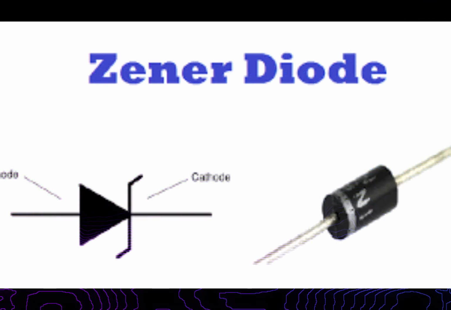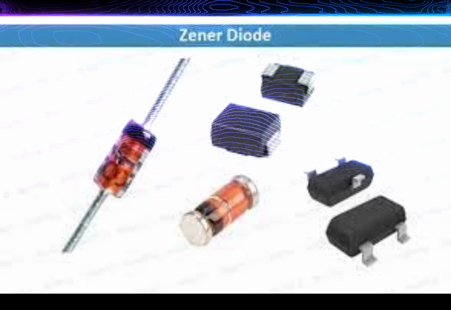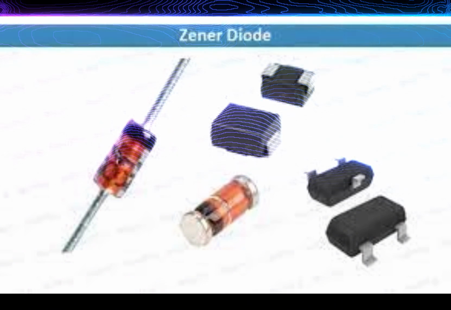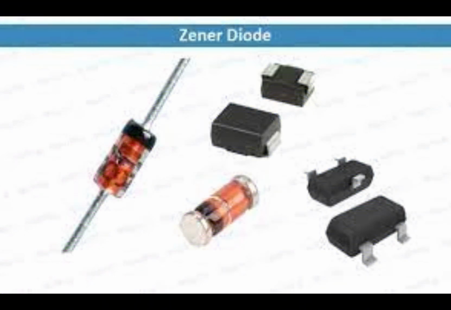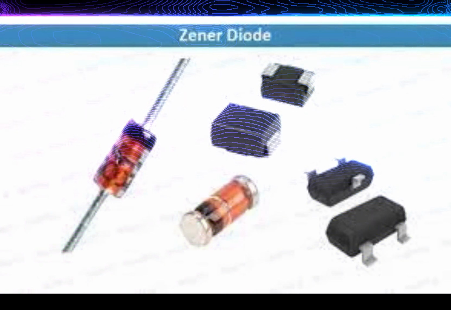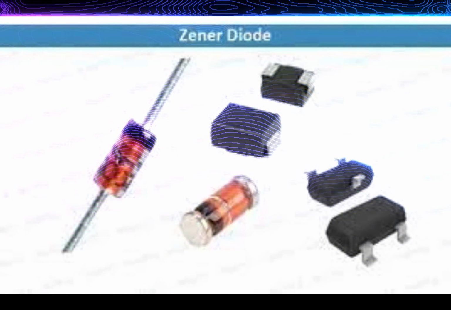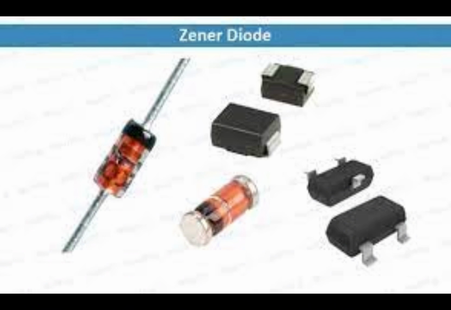Zener diodes uniquely consist of a heavily doped P-N junction that allows current to flow in reverse when reaching the Zener voltage. As well defined, Zener voltage can conduct current continuously in reverse bias without getting damaged.